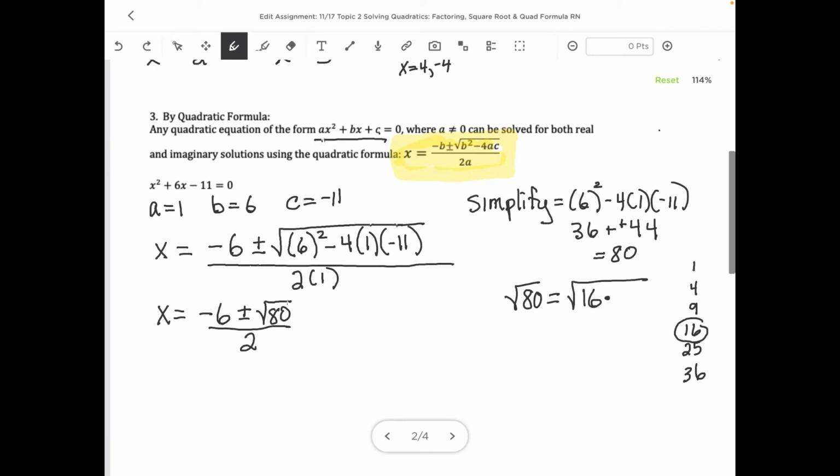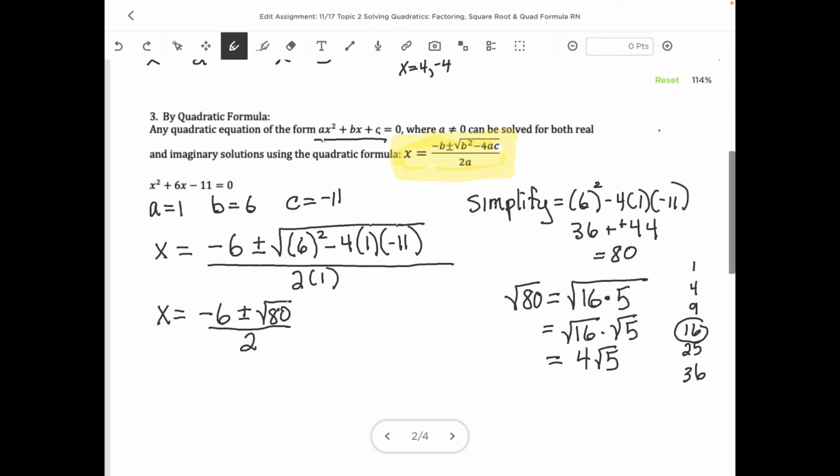So we can write this as the square root of 16 multiplied by 5. Then we separate that, square root of 16, square root of 5, and we simplify 4 square root of 5.